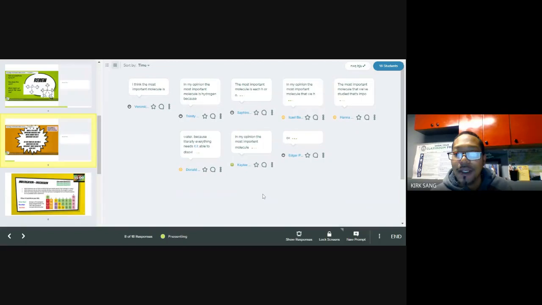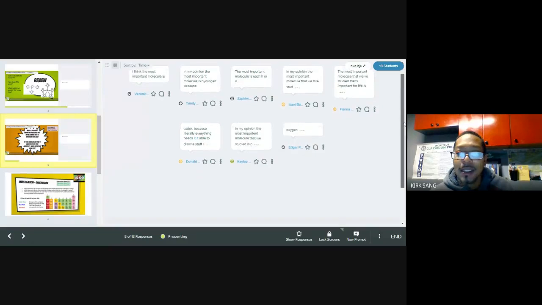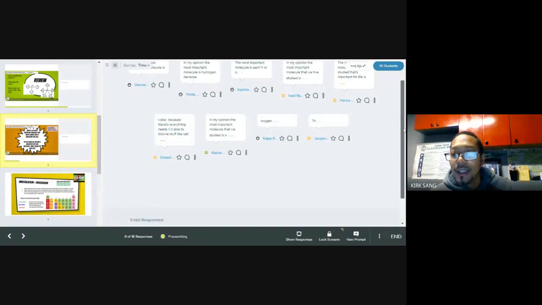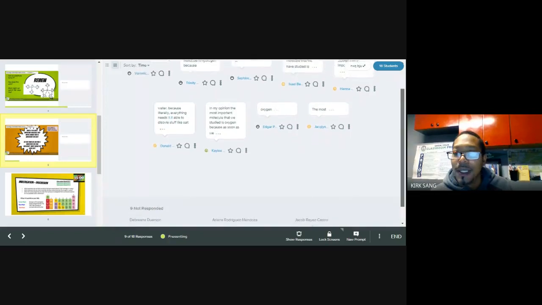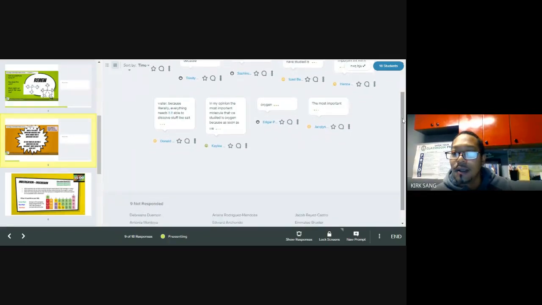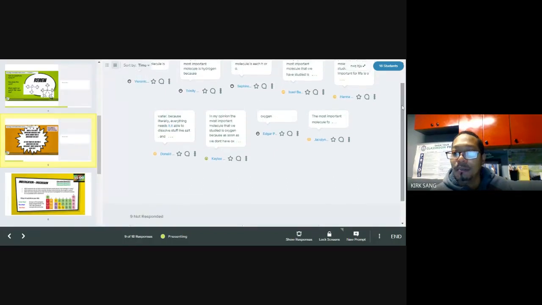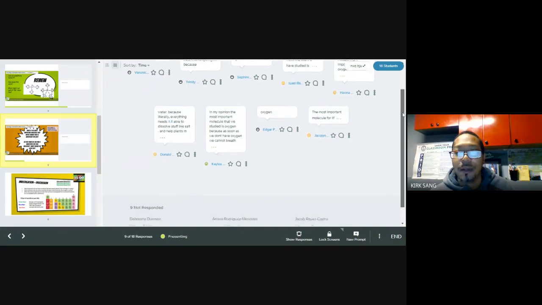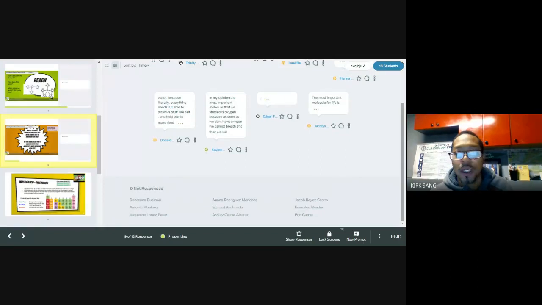Kaylee is number 7, Edgar number 8, and coming in at number 9 is Jacqueline Padilla, and the last person in the top 10 is... all right, the most important molecule for life. Thank you for that sentence frame, Jacqueline Padilla. With that, let me have the other 9 joining in.